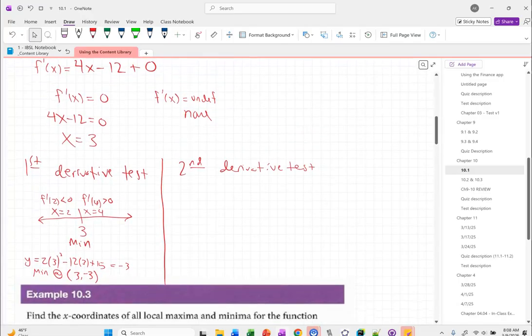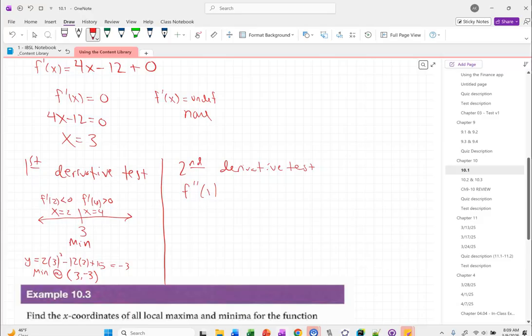So for the second derivative test, I've done all this stuff already, right? The stuff above has been done, but I need the second derivative. That's the first thing I'm going to do. What's the derivative of 4x minus 12? It's 4. That's it.